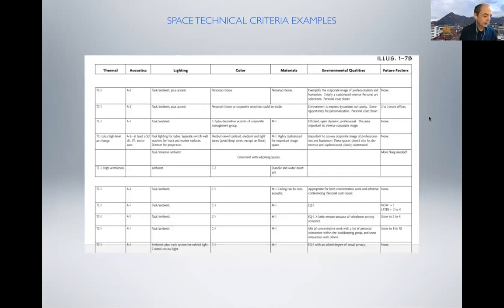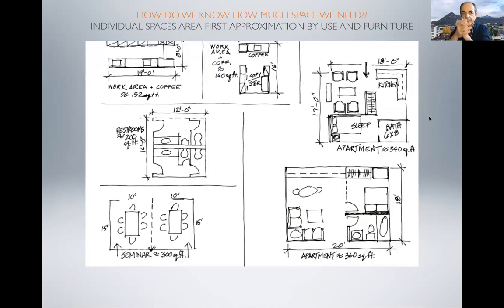Right, so this is, again, additions about other factors in technical things. Then this is interesting because how do we know the area of the spaces? So if you're doing a house, of course, probably you may know that a single room may be 7 square meters, a nice room for 1 or 2 people will be 10, but it's better 12 square meters.